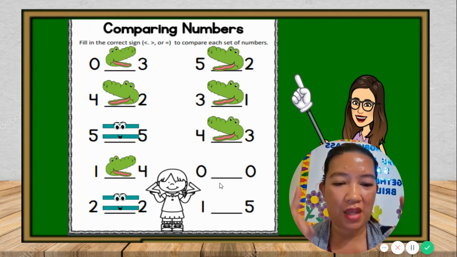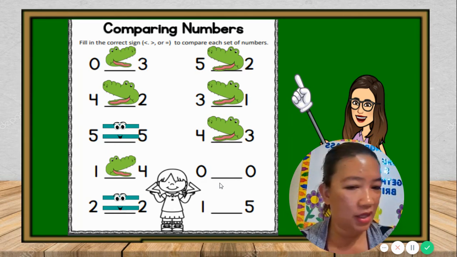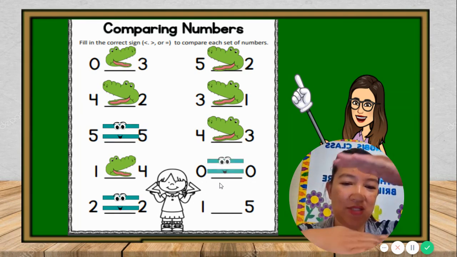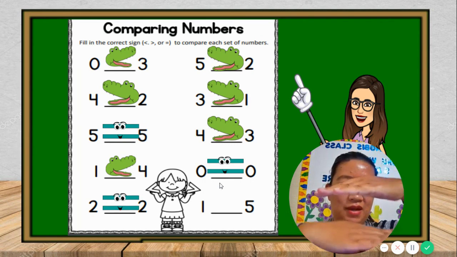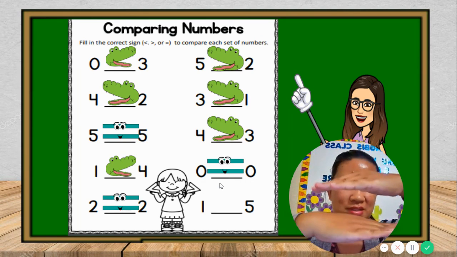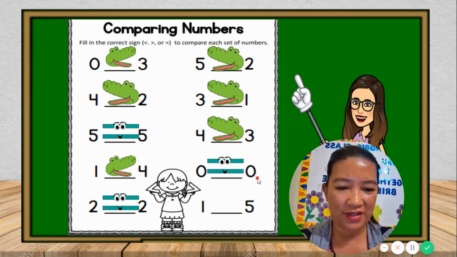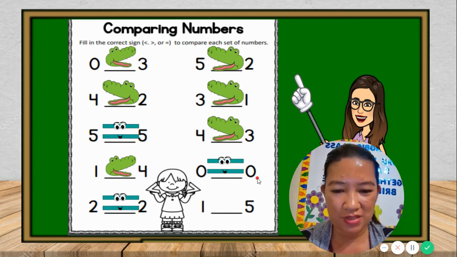Right. So if they are the same, the alligator will not eat it. So what's going to be our symbol with our hands? Ready? It is the equal sign. Okay. So we have 0 is equal to 0. Good, everybody.